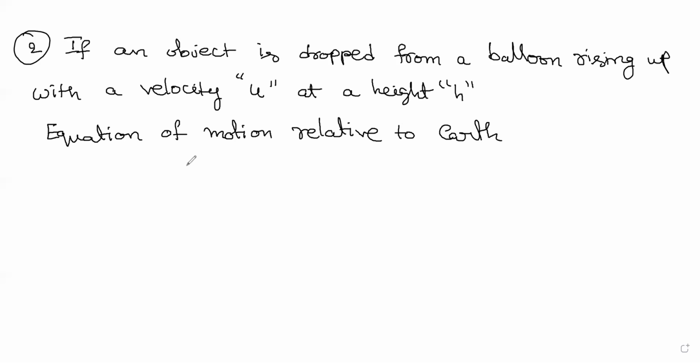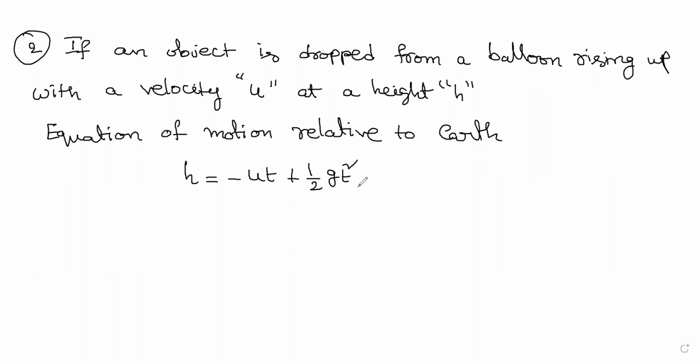It's the same calculation. h is equal to minus ut plus half gt square. Why it is like that is, when the balloon is rising, the dropped object will also have the velocity u, initial velocity upwards.